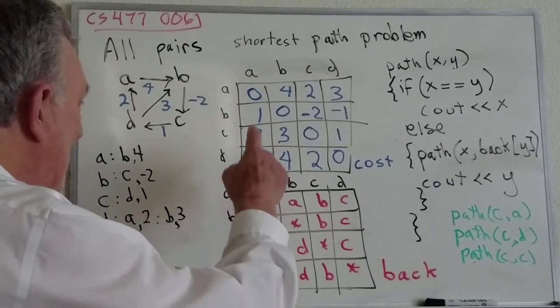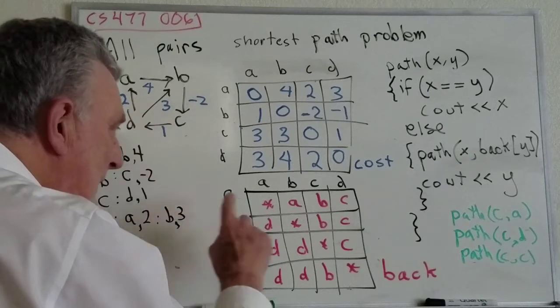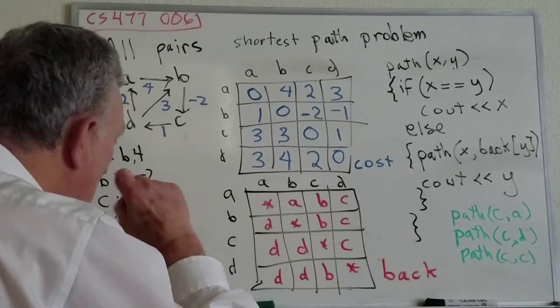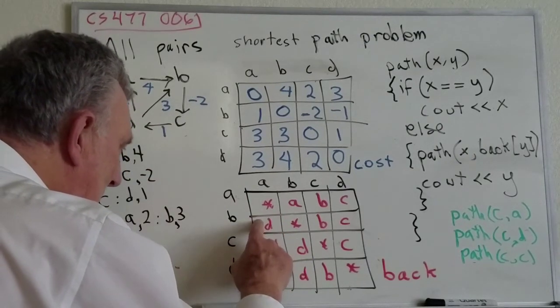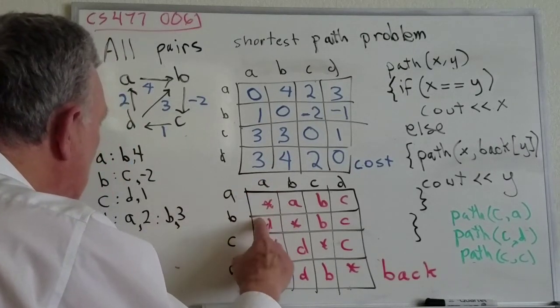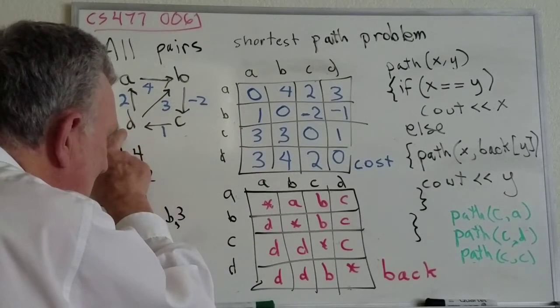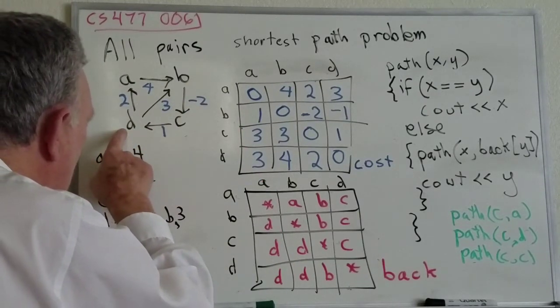And for example, what is the shortest path from B to A? Well, I look at B to A, and this gives you a D. Now what that means is that D is the next to the last element on that path.